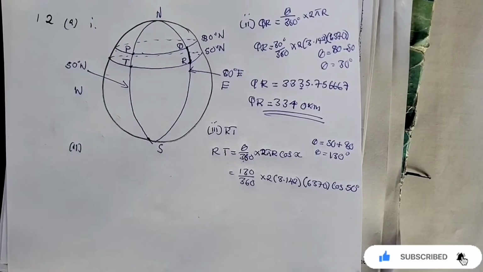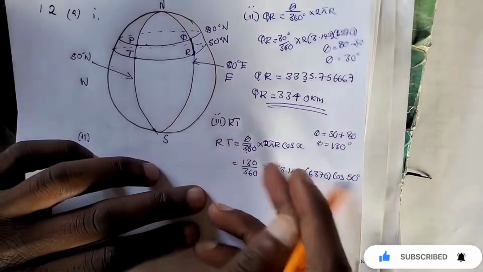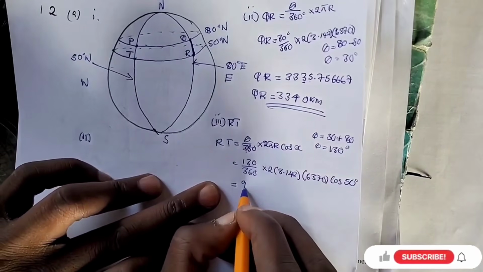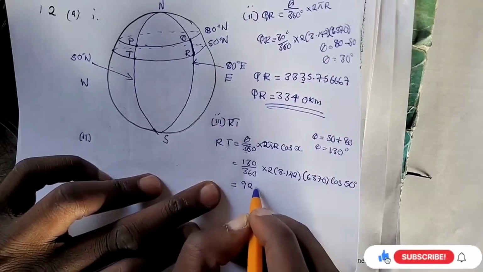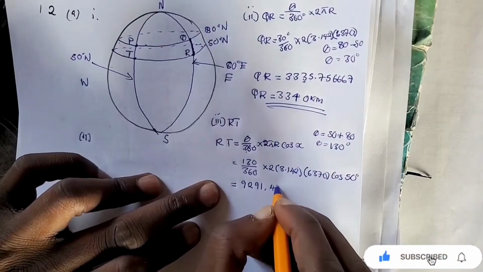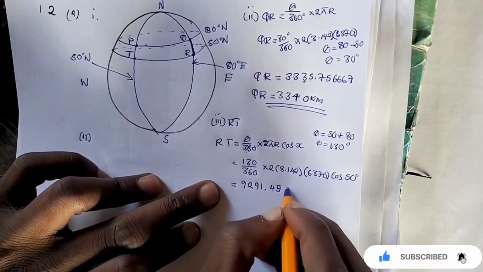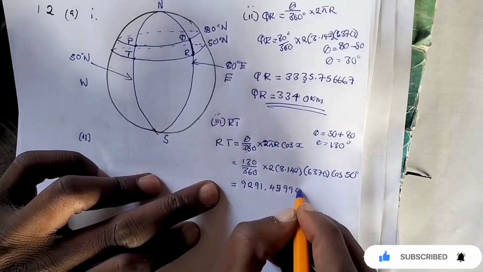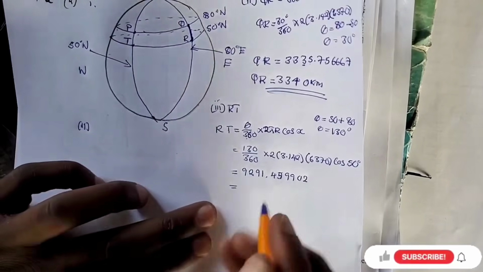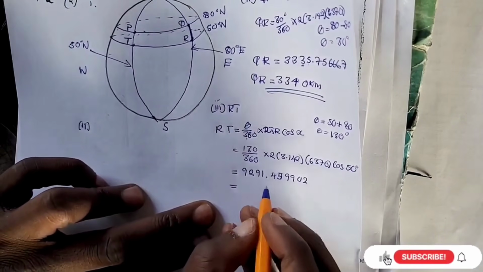What's the answer? After passing everything on the calculator, we have 9,291.459902. We also round it off to 3 significant figures, am I right?